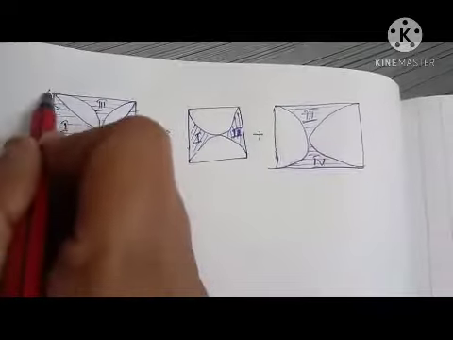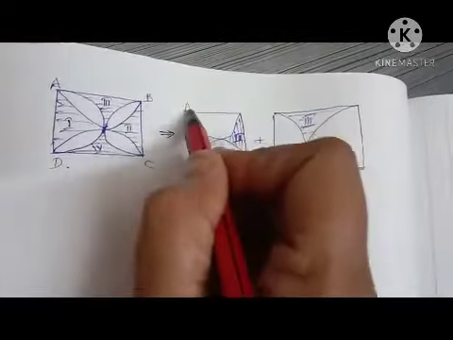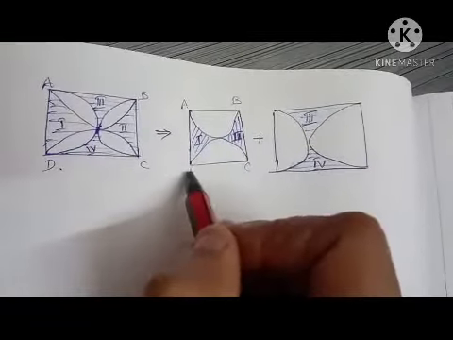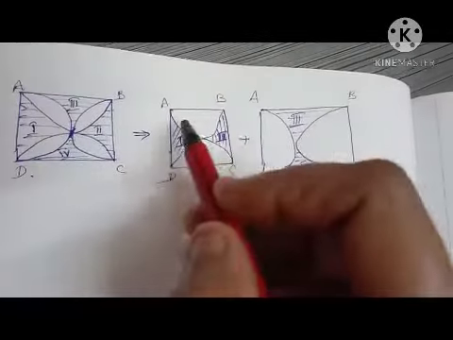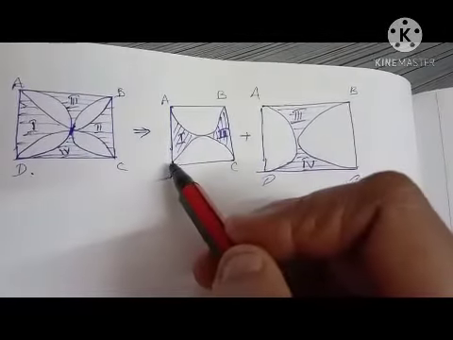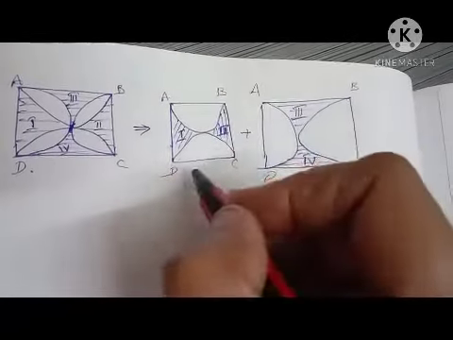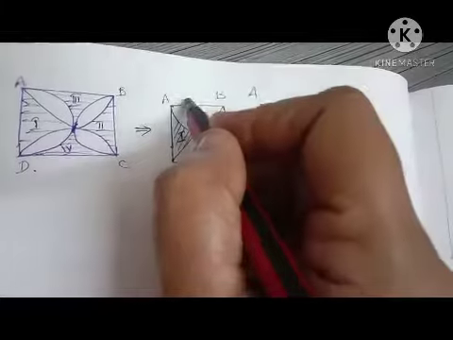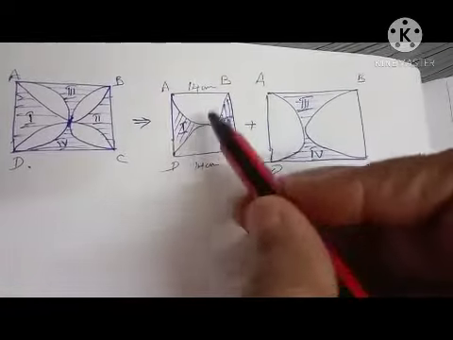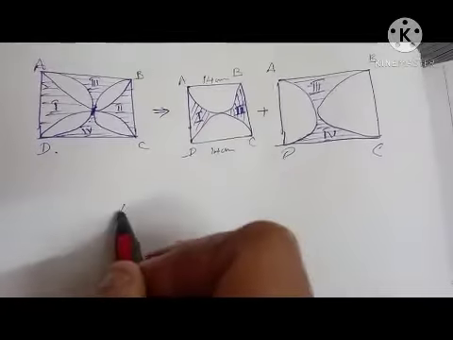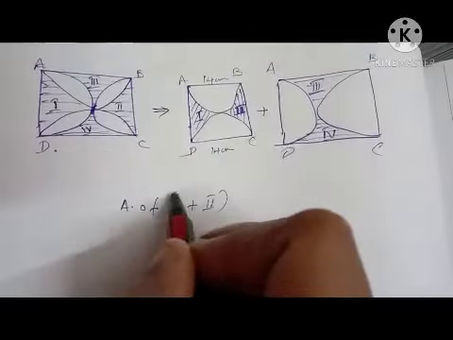In the question it is given that ABCD is a square, right? Then here these semicircles have the diameter 14 centimeter. What is the side of the square? That's same, right? So here two semicircles are there. So how we will get area of first and second part together?